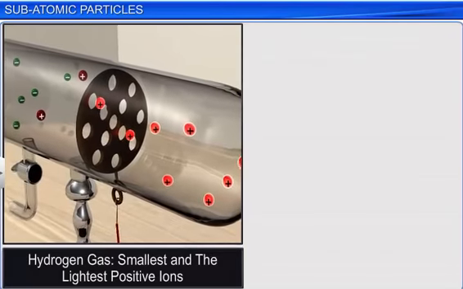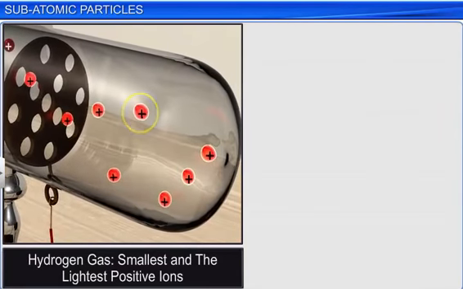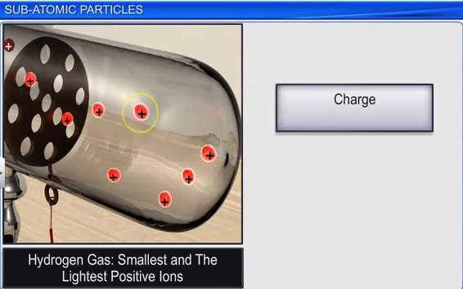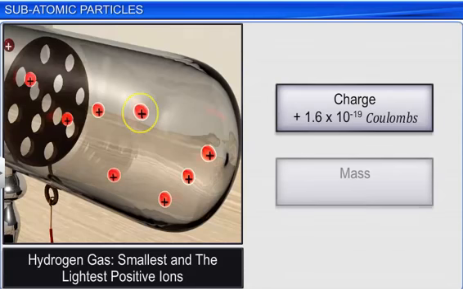Hydrogen gas produced the smallest and the lightest positive ions, with the magnitude of charge same as that of an electron, but with the positive charge, that is, plus 1.6 × 10^-19 coulombs, and a mass that was found to be similar to that of a hydrogen atom, that is 1.67 × 10^-24 grams.